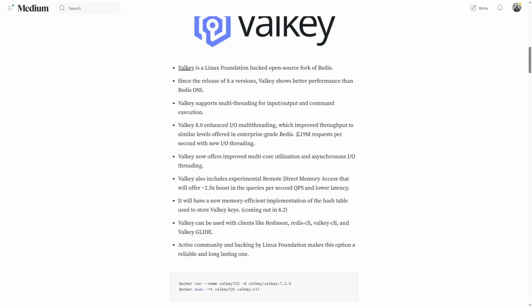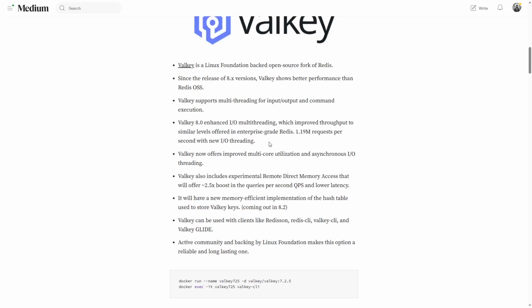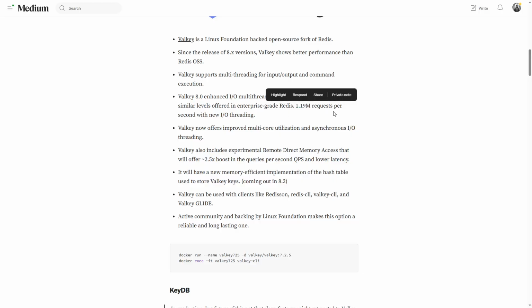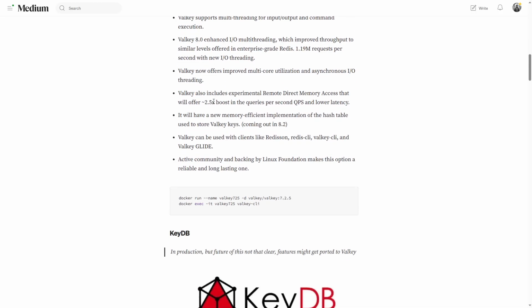For example, it can serve about 1.2 million requests per second with the new I/O threading. The benchmark says it is almost at par with the enterprise grade Redis read and write performance. It has also improved multi-core utilization and asynchronous threading over Redis.